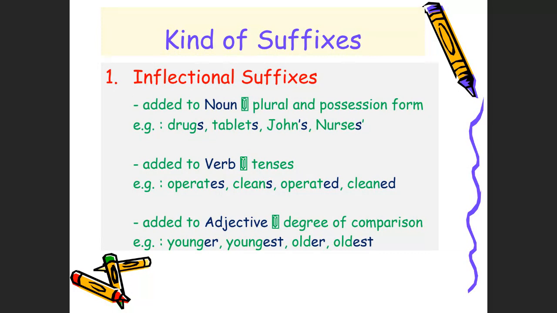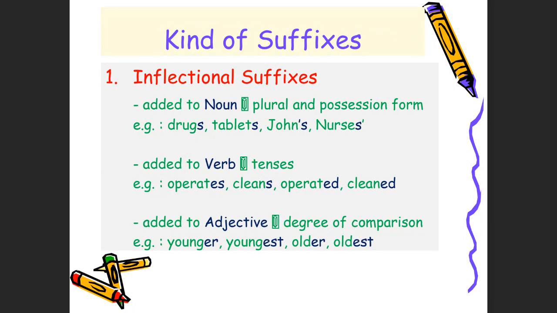The genitive case. Después dice added to verbs. For example, in the case of the tenses, los tiempos verbales. For example, operate, operates, clean, cleans, operate, operated, clean, cleaned. There you have present and past tenses. Added to adjectives.